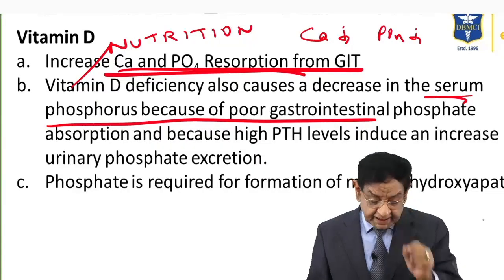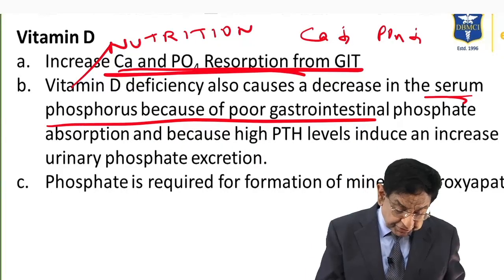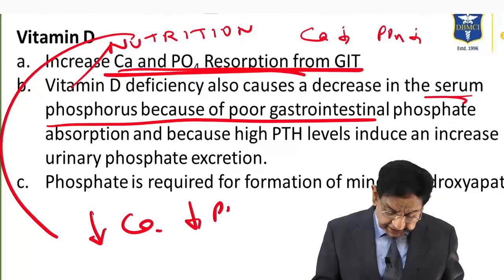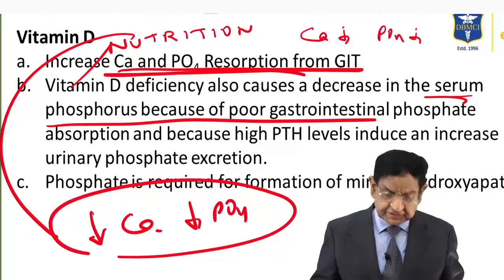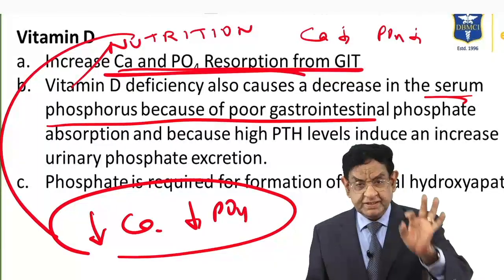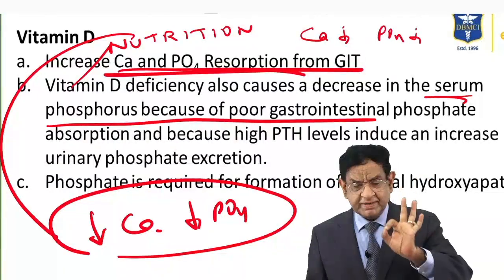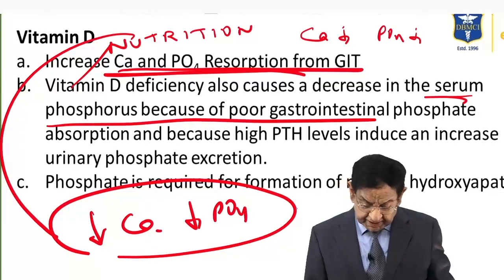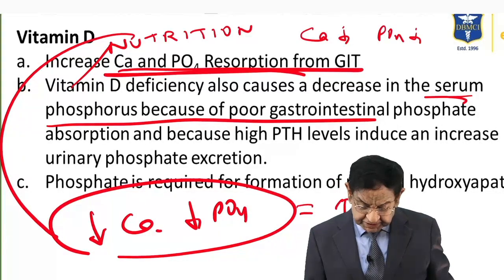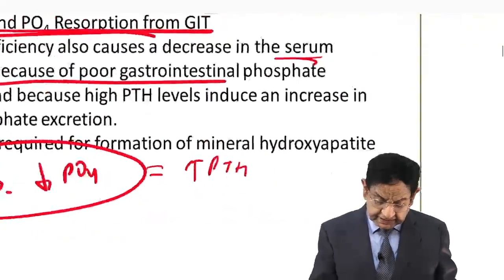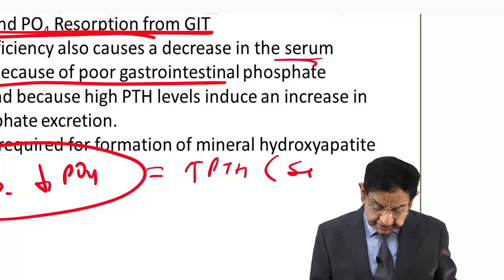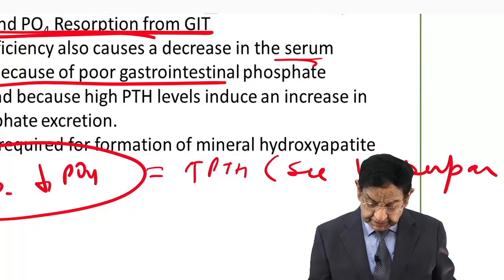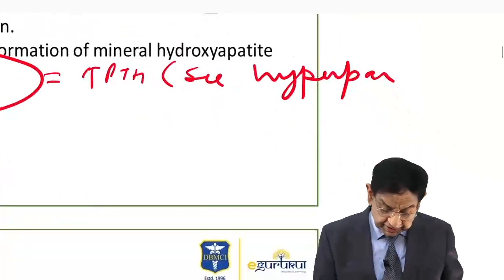At the same time, of course, in the nutritional type of vitamin D deficiency, low calcium and low phosphate occur. This question comes in all the exams. In the nutritional type of vitamin D deficiency, there is low calcium and low phosphate, but it will lead to increased PTH, and this leads to a type of secondary hyperparathyroidism.